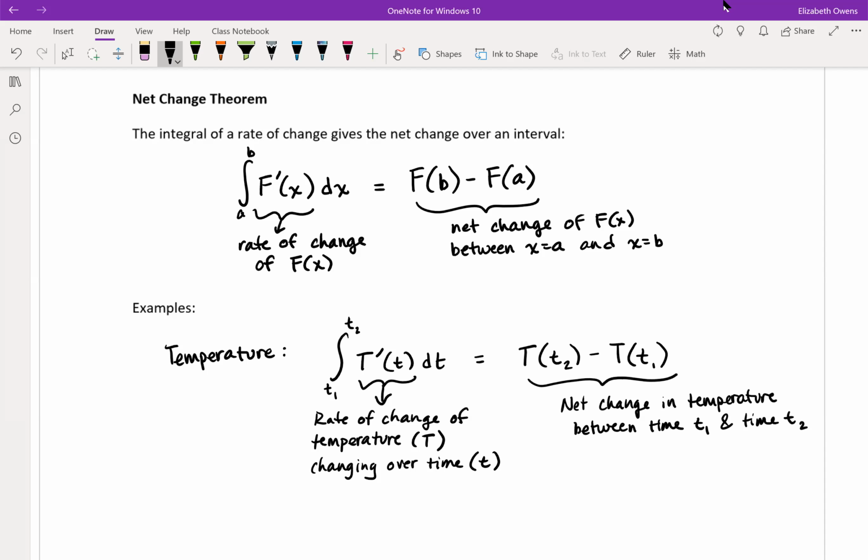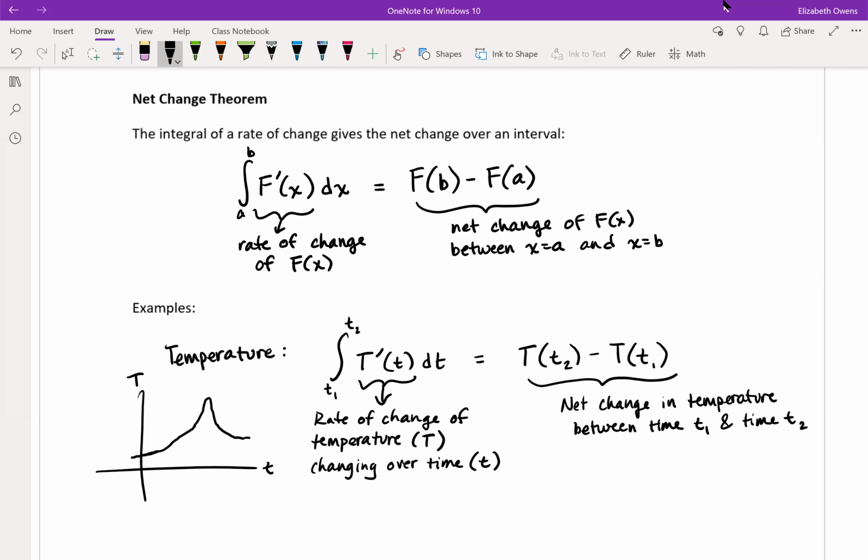Okay, and this idea of net change is that it is just the change looking at only those 2 points. Like, let's say your temperature over time started with a pretty low temperature, early in the morning, and then it heated up, and let's say there was a weird spike in temperature midday or something like that. And then it cooled back down.